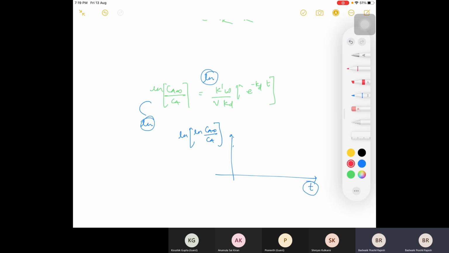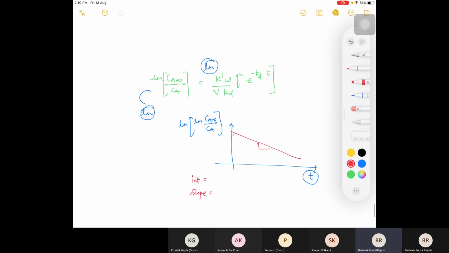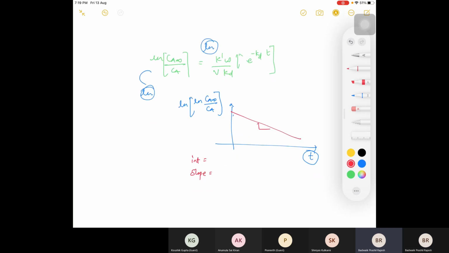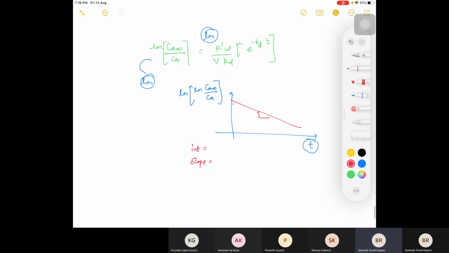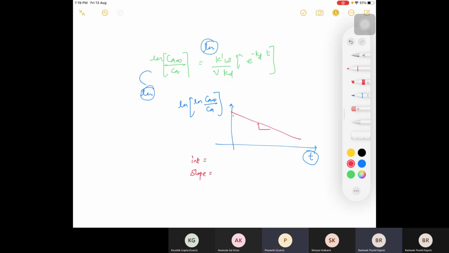So please tell me what is my slope and what is the intercept. Intercept and slope. So the intercept will be K' W by VC into KD.